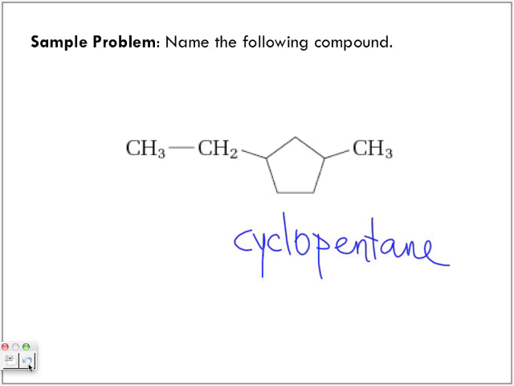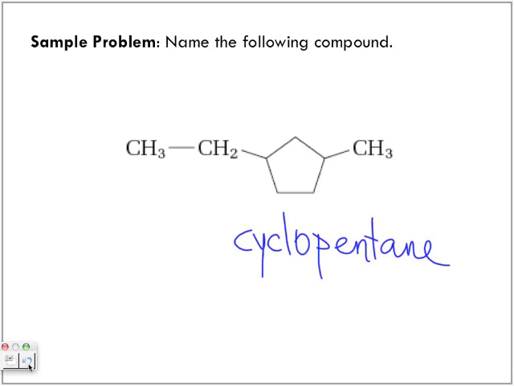Now, we have to figure out how we are going to number these carbons. Remember that when we are numbering the carbons, we can number from any one of these carbons, and we want to number based on the biggest chain.